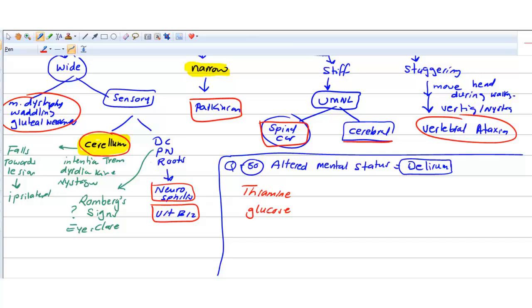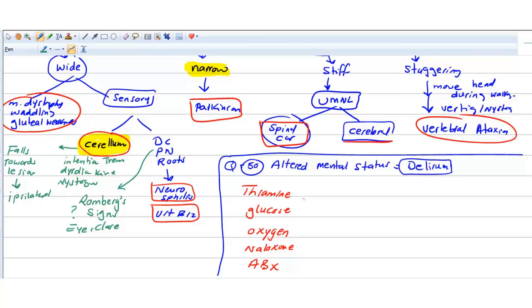Hypoglycemia. Another one is treated by oxygen. What do you think the problem is? Hypoxia. Another one is treated by naloxone. What do you think the disease will be? Overdose, right? Opioid overdose. And the last one is treated by antibiotics, which is infection. Always don't forget.